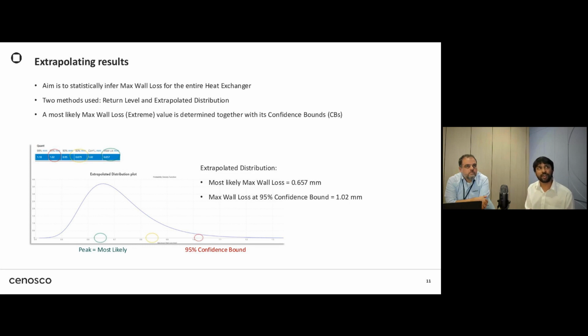It typically means that 95% of your wall losses are below 1.002. If you're looking at 99% confidence bounds, then your maximum wall loss will potentially be higher, maybe 1.1, 1.15, for example. So 99% of your results would be less than that respective value. When it comes to extrapolating results, it is also important to combine it with the level of confidence bounds that you're working with.